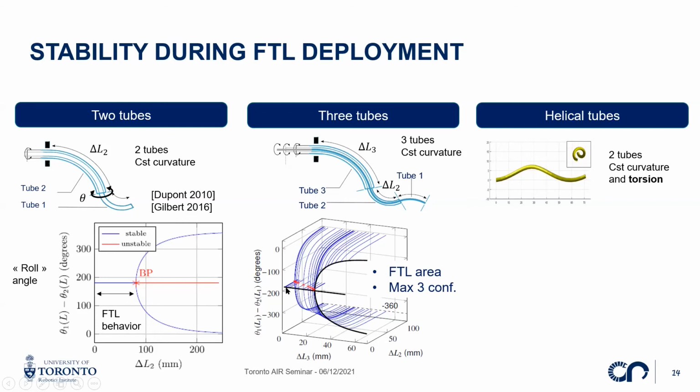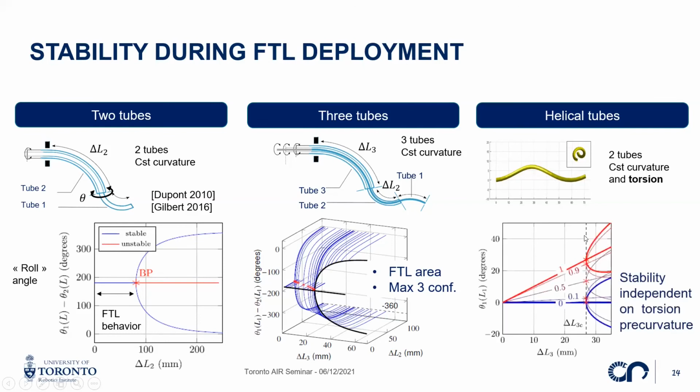For each point of this black curve, we can vary delta L2 here. That gives us this kind of pitchfork diagram that we see here. We could evaluate this area in the actuation space where we can actually do follow-the-leader behavior. We can also evaluate the maximum number of configurations of the robot during a deployment, which is a maximum of 3 different configurations.